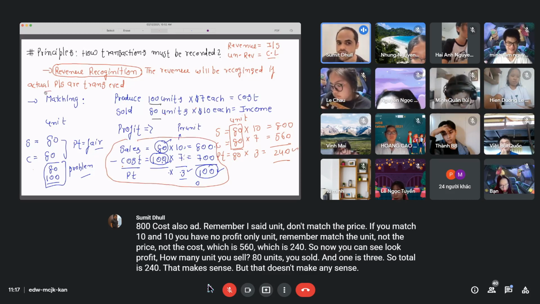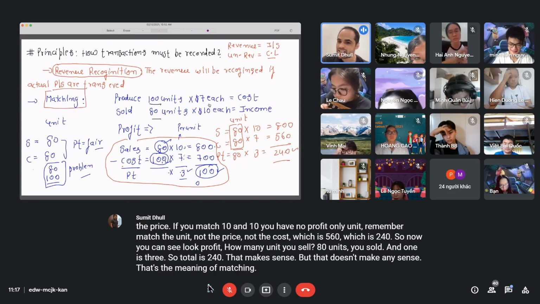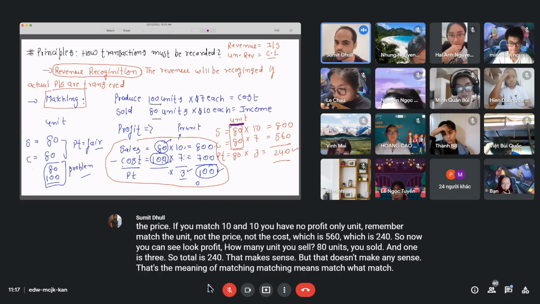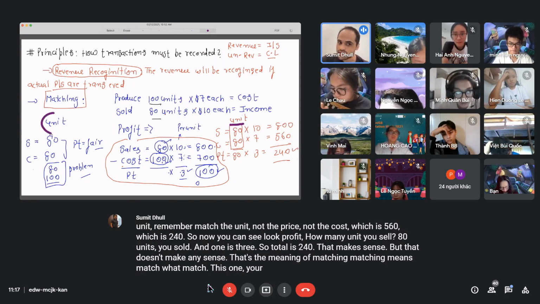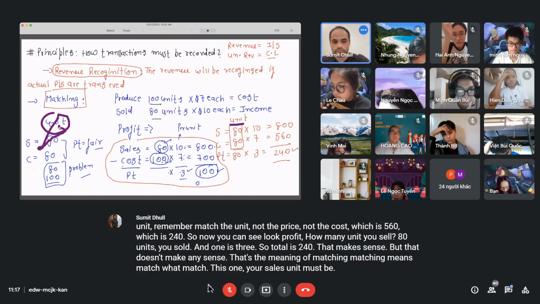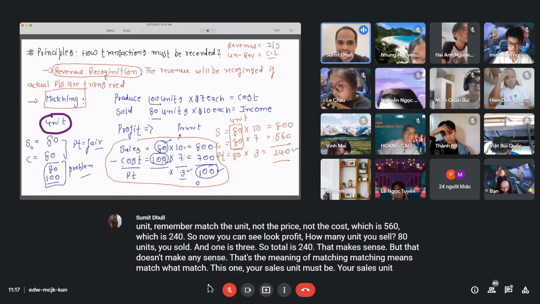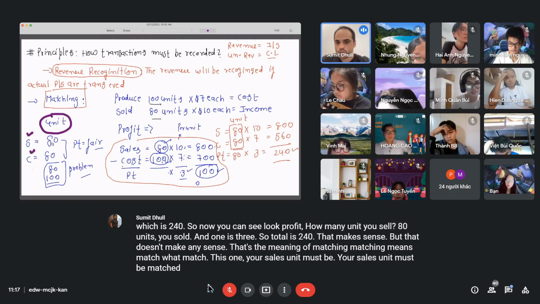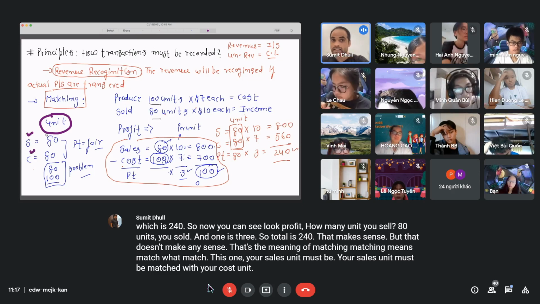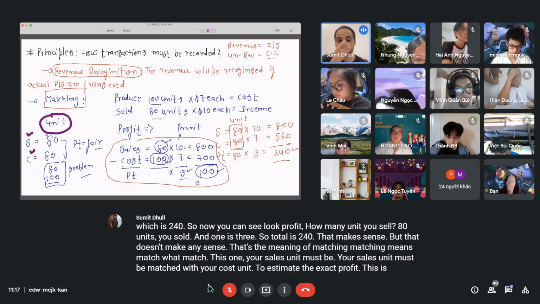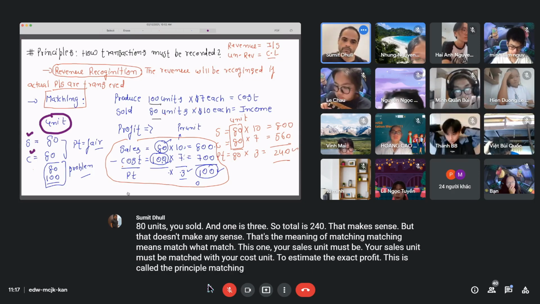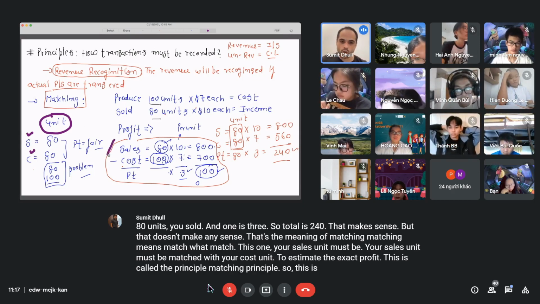That's the meaning of matching. Matching means match. What match? Your sales unit must be matched with your cost unit to estimate the exact profit. This is called the matching principle. So this is wrong.